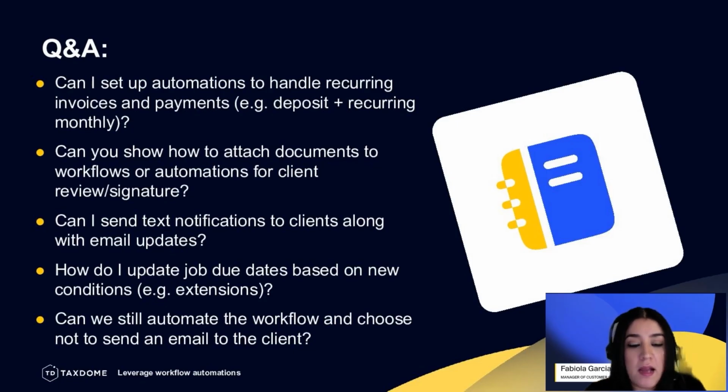All right. So the next question here is, how do I update job due dates based on new conditions? For example, if somebody has to go through an extension and their due date needs to change to, I don't know, October 15th or whatever it is, the job itself, remember, gives us those dates.